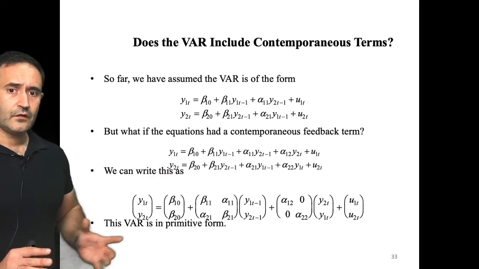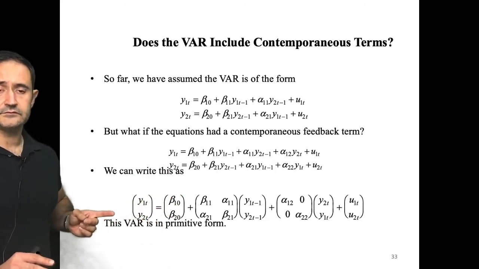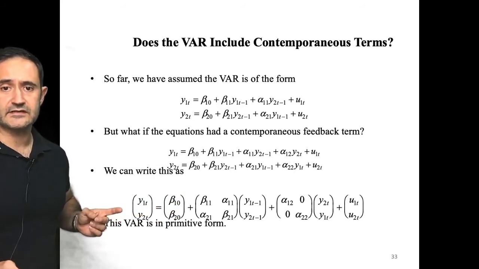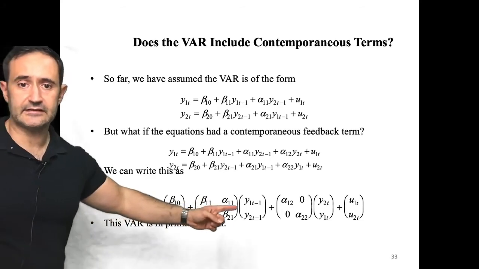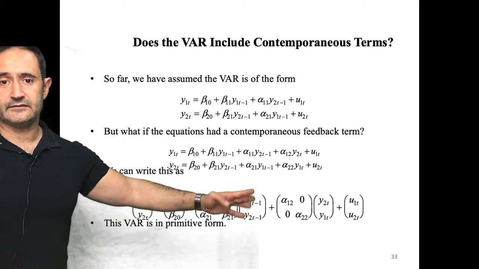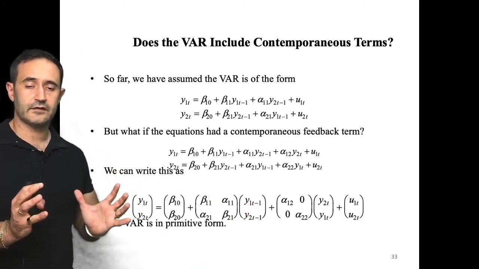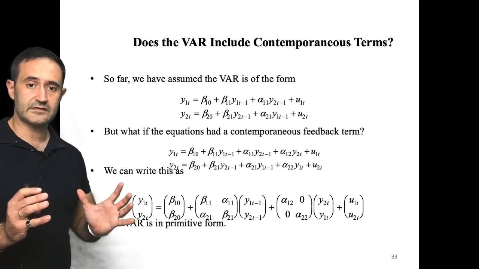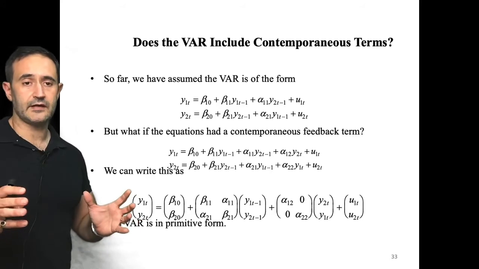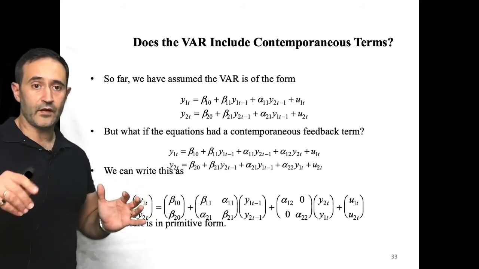So what we do here is that we write it in matrix form because it's easy to see, but don't worry too much, so as to show that at the end basically what we have is a matrix of coefficients, which is alpha 1,2 and alpha 2,2 with the zeros in the corners, multiplied by another matrix which is y2t and y1t.